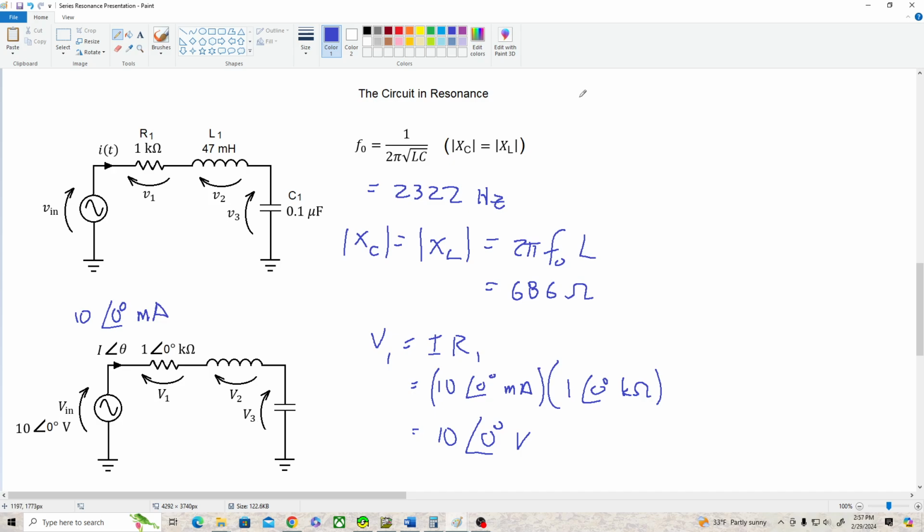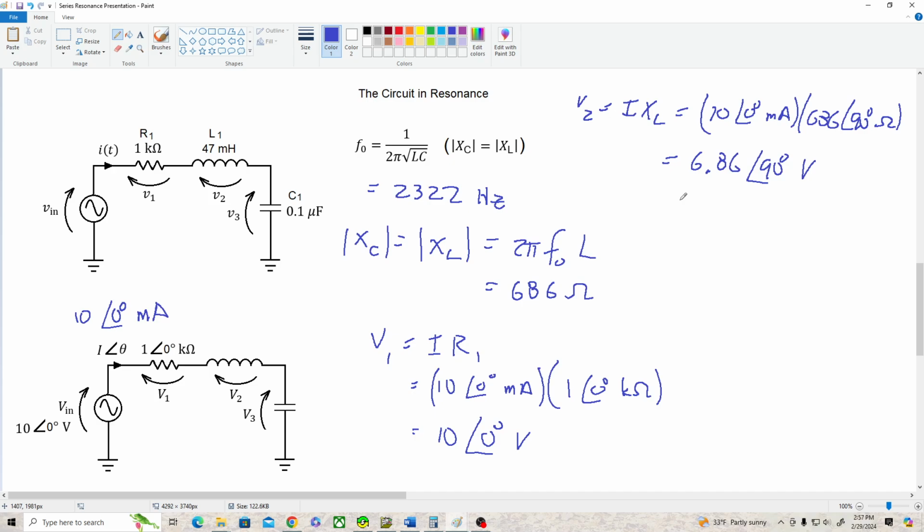All right, so starting with V2, we have V2 equals I times X sub L, which equals 10 at 0 degrees milliamps times 686 at 90 degrees ohms, and that gives us 6.86 at 90 degrees volts.